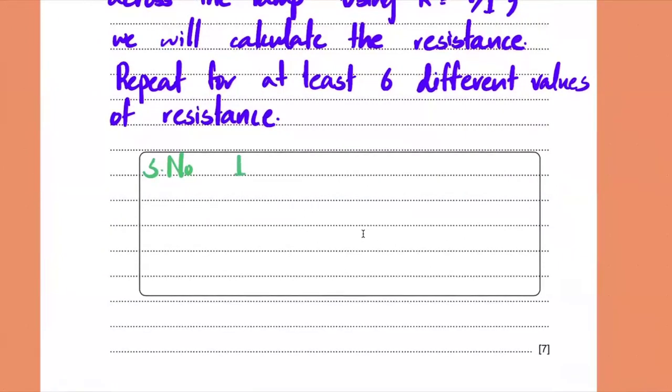There would be the current in amperes, right? This is for the filament lamp. There would be the voltage in volts, and using R equals V over I, so R in ohms, which basically comes from V over I, right?